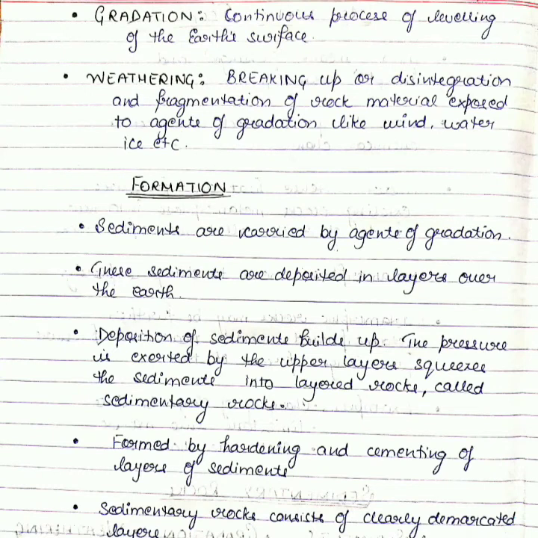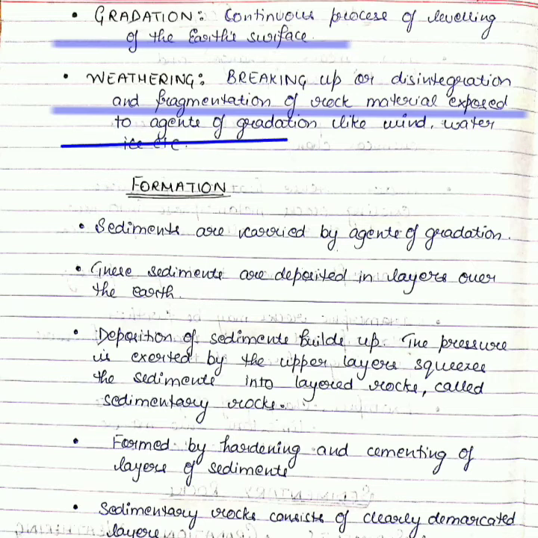Gradation. Gradation is the continuous process of leveling of the Earth's surface. Weathering. Weathering is the breaking up or disintegration or fragmentation of rock material exposed to agents of gradation like wind, water, air, ice, etc.